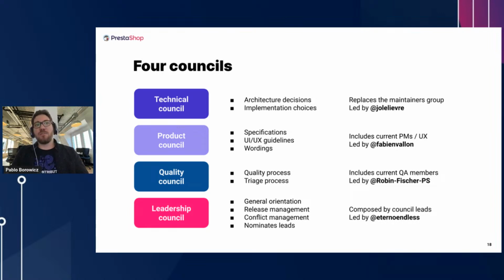The quality council will follow the same structure as the product council, so same perimeter as the quality assessment group that currently exists, so includes current QA members, and is led by Robin, who is QA manager at PrestaShop.